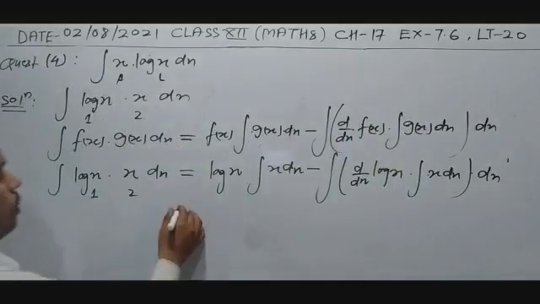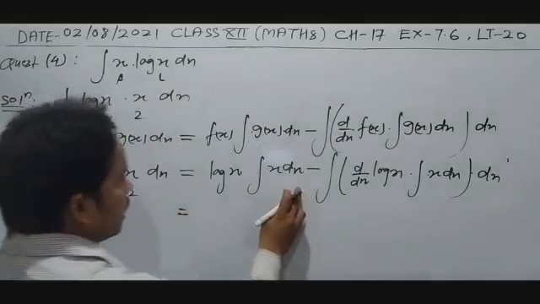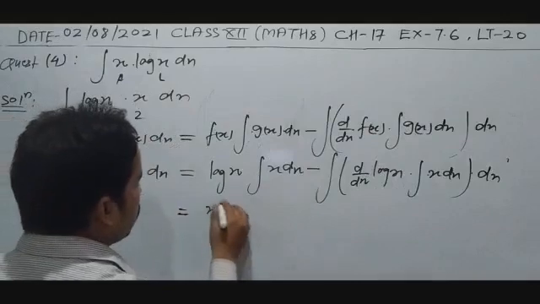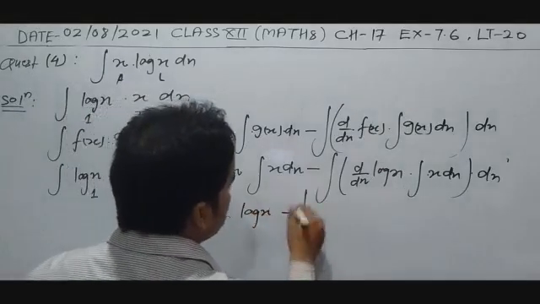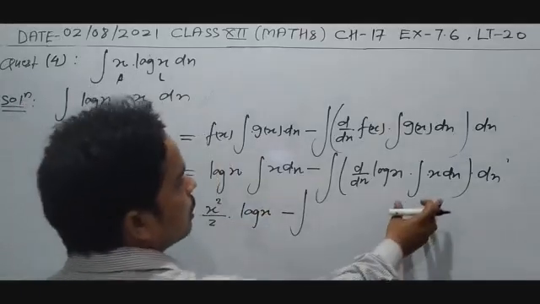Now we have to solve. The integration of x dx is x square by 2. So result will be x square by 2 times log of x minus, this result is x square by 2.